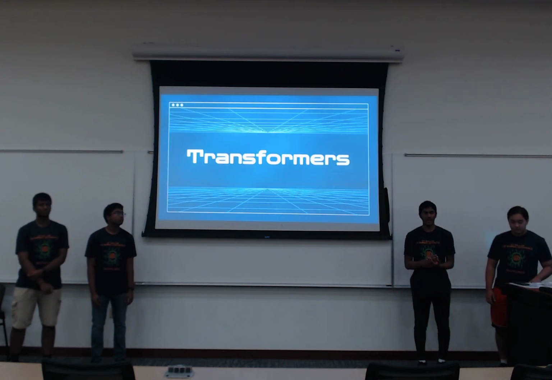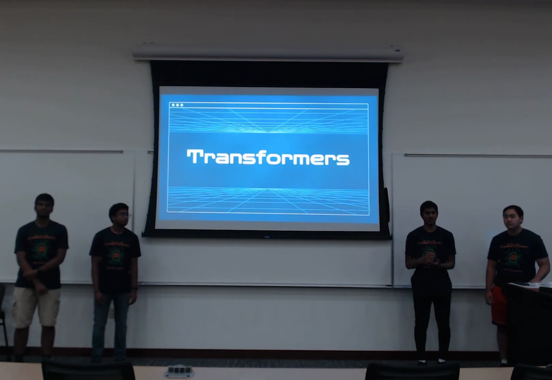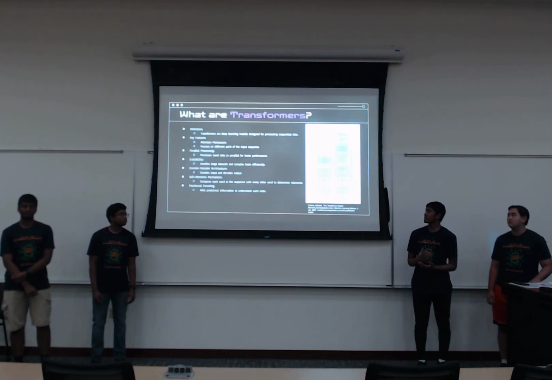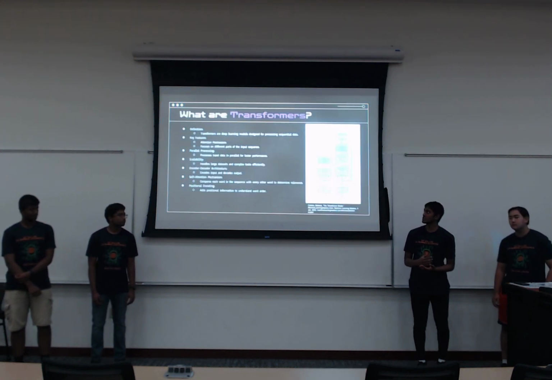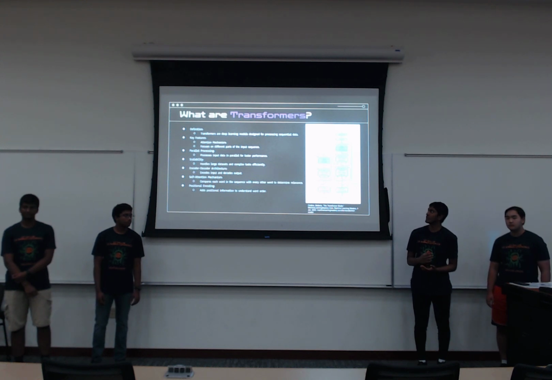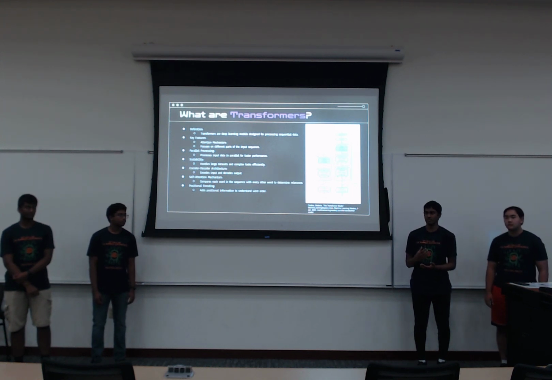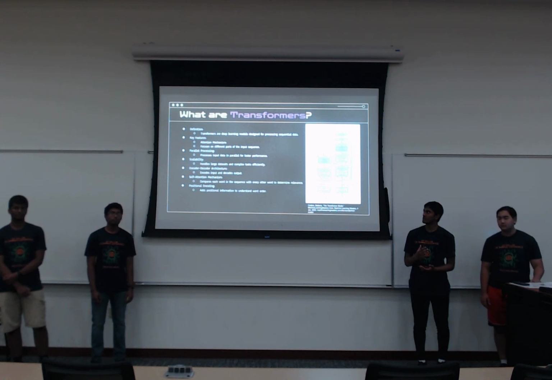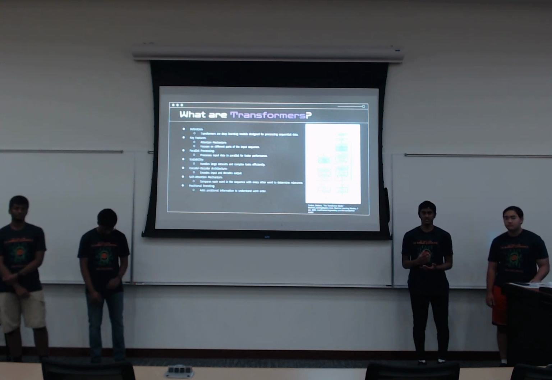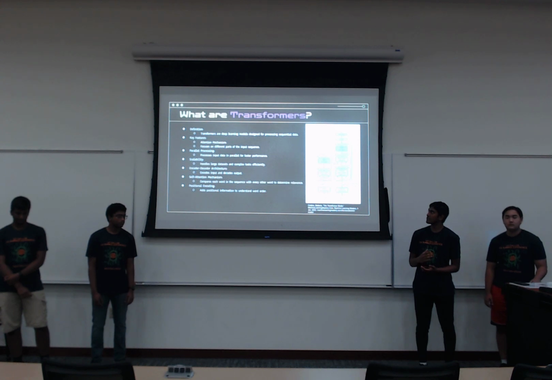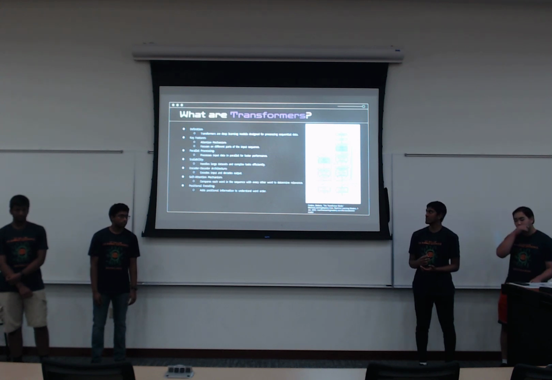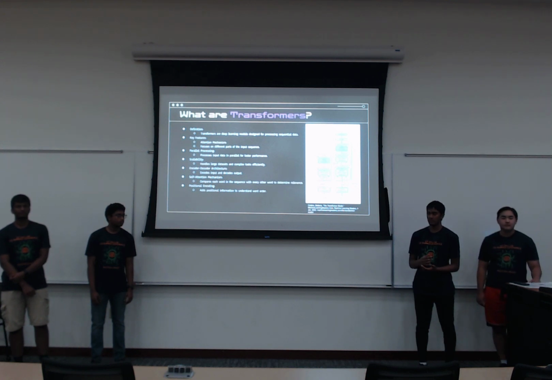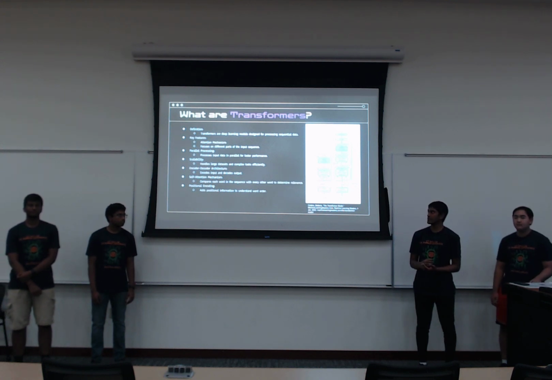Okay, so after we completed both of those assignments, we transitioned into our own research on transformers. What is a transformer, you may ask? Transformers are deep learning models that are designed for sequential data. So what are the key features of transformers? The first is the attention mechanism, so they focus on different parts of the input sequence, and another part of it is parallel processing, so processing input for faster performance and scalability.